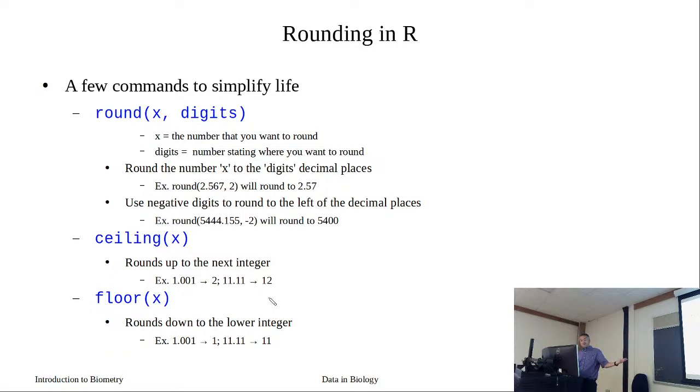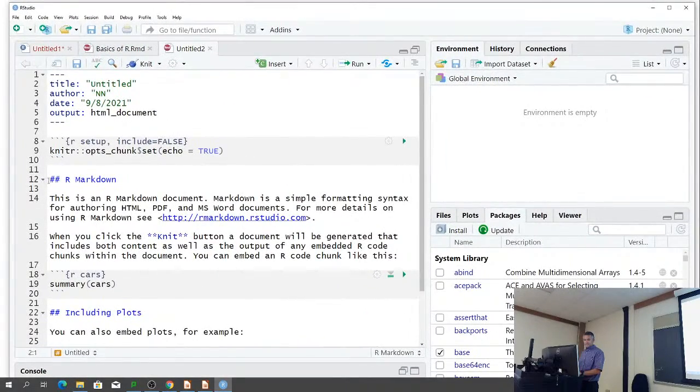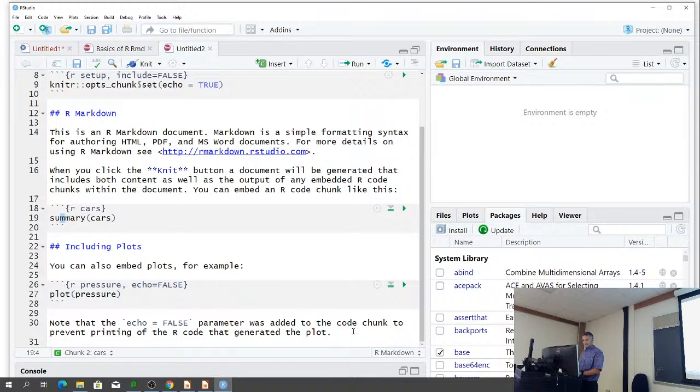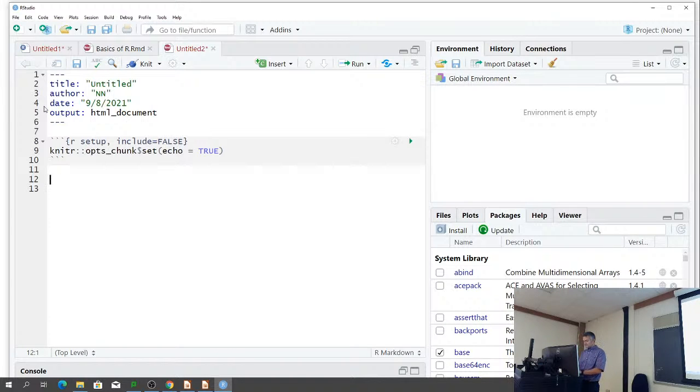So up here on the board I've got this, but you can easily mess around with it just to see how it changes. So round x, digits.